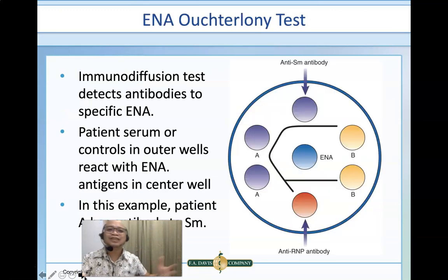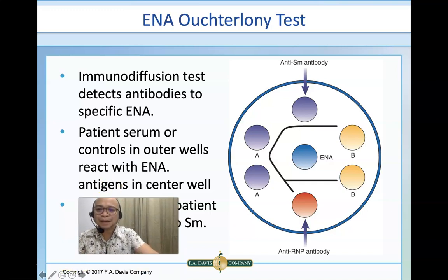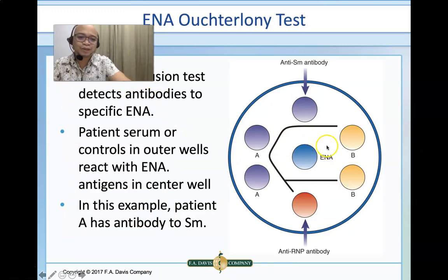Okay, then Ouchterlony or double immunodiffusion may also be used to detect antibodies against specific extractable nuclear antigen or the ENA. So the patient serum or controls are found in the outer wells, and they react with ENA.